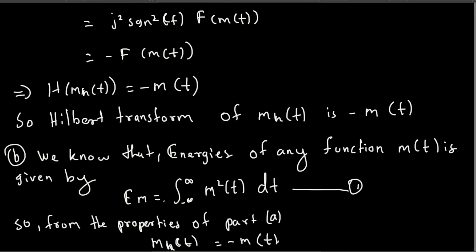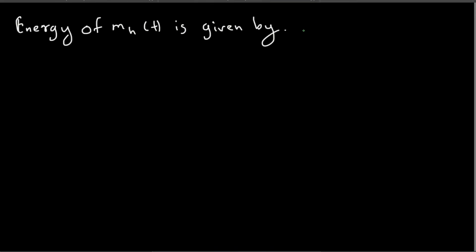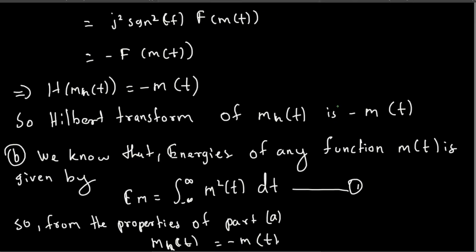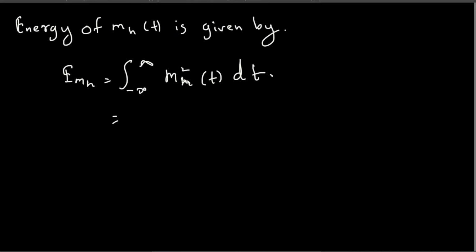applying this equation. EM is equal to this one, so EMH is going to be, all the M terms are going to be replaced with MH, so EMH is going to be the integral from negative infinity to infinity of MH square of T dT, and we know that MH is equal to negative M of T, so instead of MH here we can replace with negative M of T. So this is going to be the integral of negative M of T square dT.